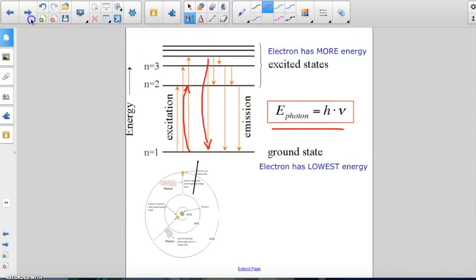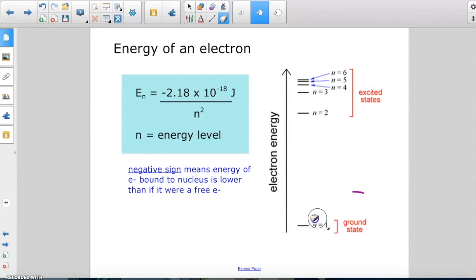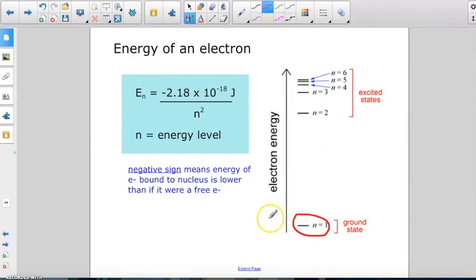Something new that you need to learn right now will be the energy that the electron itself has when it is in a specific level of energy. So, for example, an electron that is in level 1, N1, will have an energy that is equal to minus 2.18 times 10 to the minus 18 joules divided by the level squared.